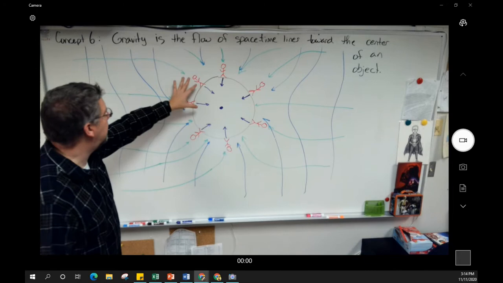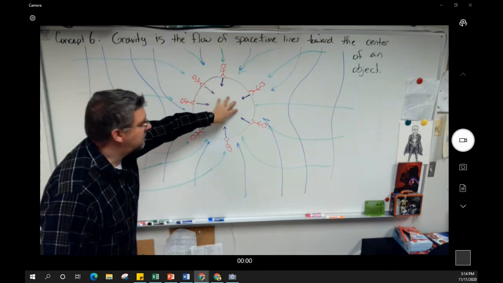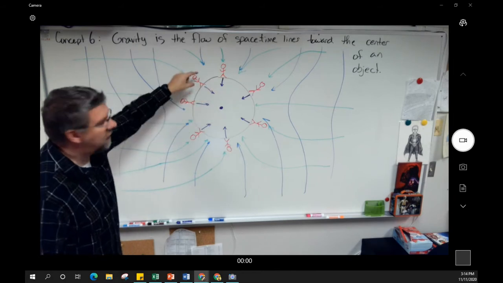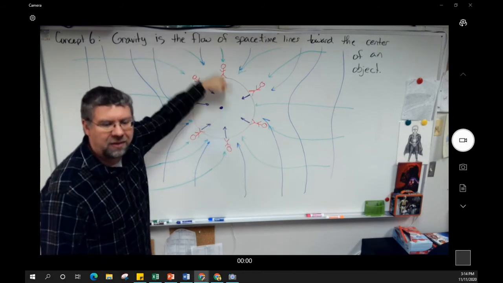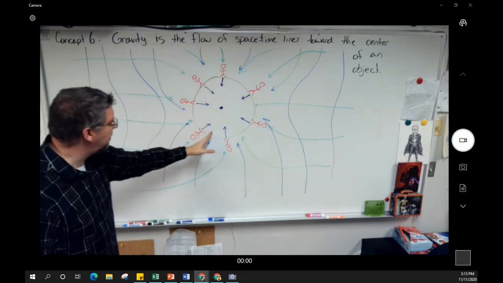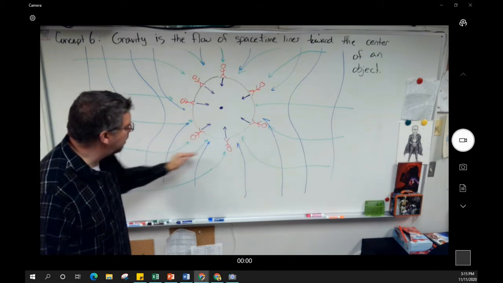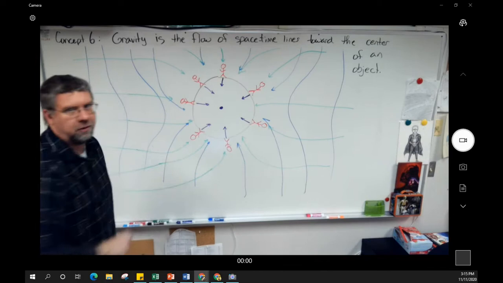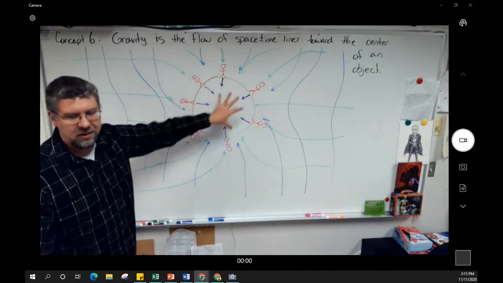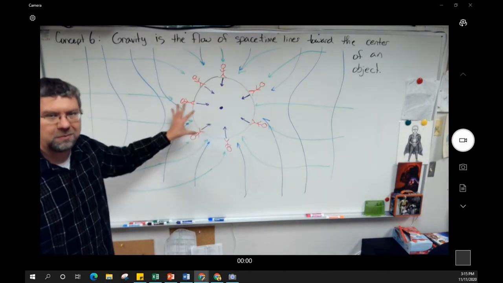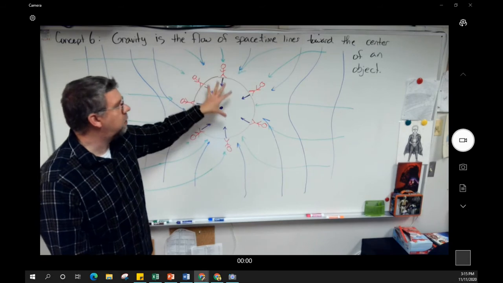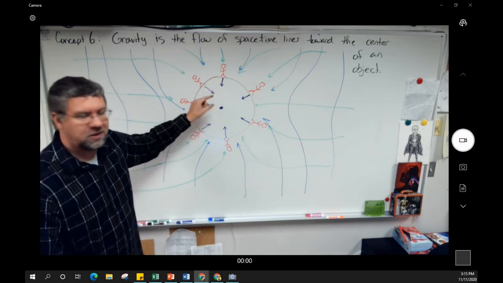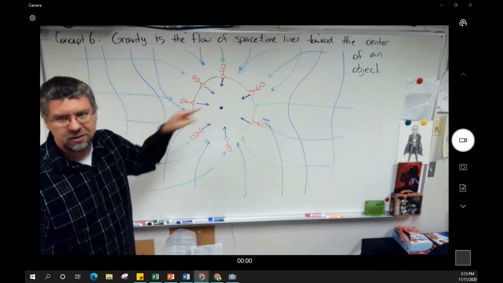What is happening is the mass of this planet is causing space-time to curve into it, and the people are caught in that flow. Whichever direction they are on, they are following that flow in toward the center of the planet. This is gravity: the curvature of space-time and objects following that flow toward the center.